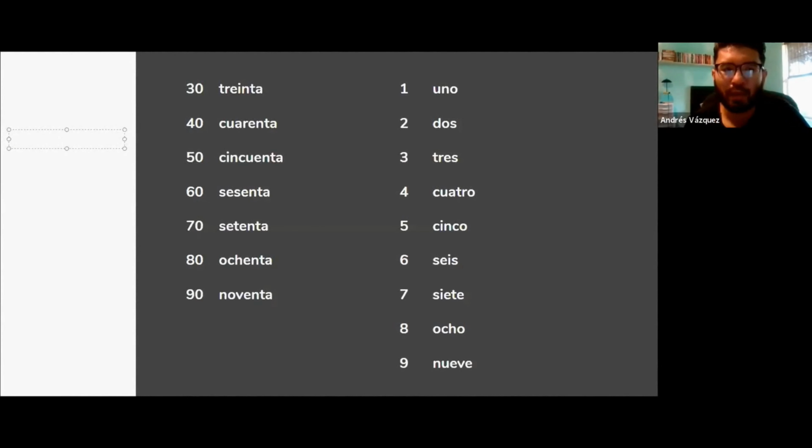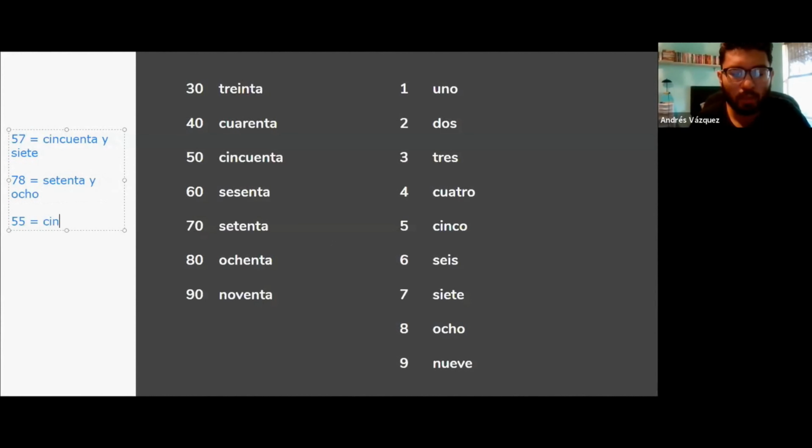For example, something like 57, you look at 50, you look at 7 being siete, so what we have is 57, no? So again, just put them together with the conjunction E. That's all we have to do, as long as we know what the names are for 30 to 90 and for 1 to 9. We can do that, no? We can just put them together. So again, something like 78 would be 78, no?